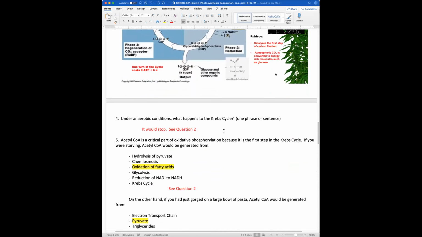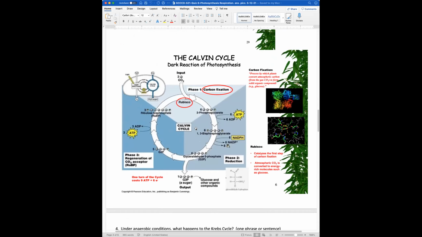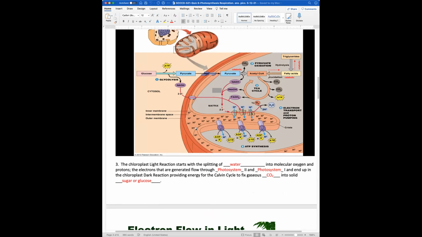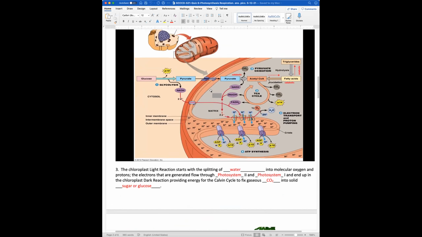Number 4, under anaerobic conditions, what happens to the Krebs cycle? Well, it would stop. And I refer there back to this diagram, which shows that the final electron acceptor of aerobic respiration is oxygen.